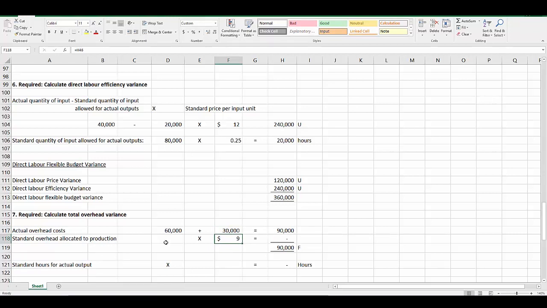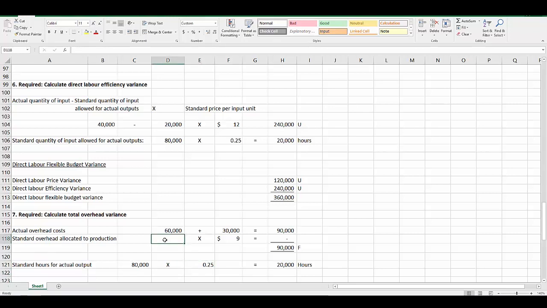So now what we want to look at is how much we were expecting our overhead to be. We know our overhead is allocated based on our direct labor hours. So for the 80,000 units that we produced, that should have taken a quarter of an hour per unit. So that should have been 20,000 hours.